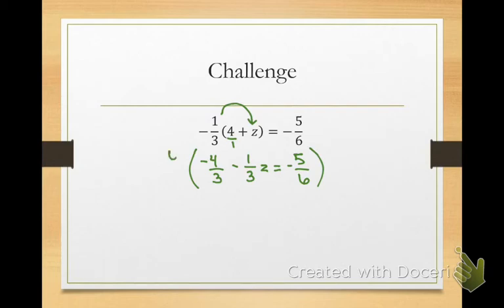Okay? 6 is the LCM. So 3 and 6 cross reduce to a 2. 2 times negative 4 is negative 8. Raise your hand if you got negative 8. Did you guys get negative 8 for your first one? I'm just trying to finish the problem.